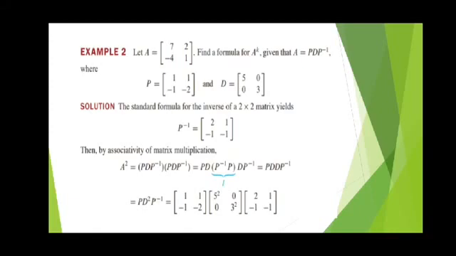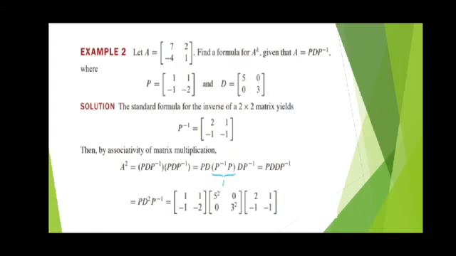In this problem we have to find a formula for A power k. They have already given A equals PDP inverse, and also P and D. Using these, we have to calculate the formula for A power k.